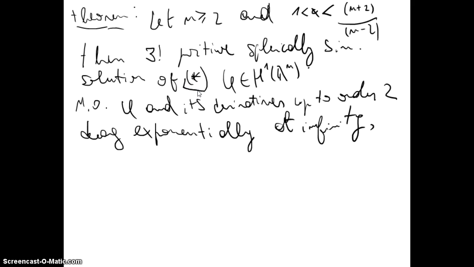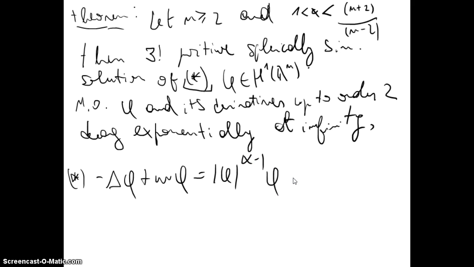Okay, so this is going to be a solution of the problem minus Laplacian phi plus omega phi equals |phi|^(alpha minus 1) phi.